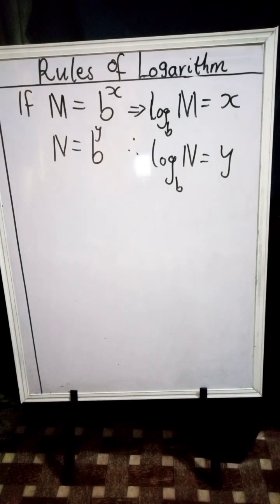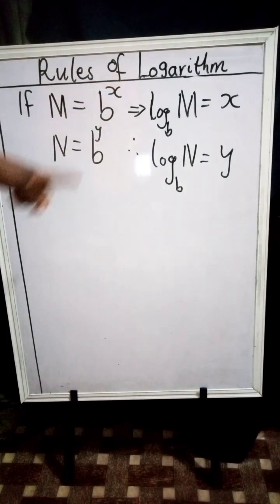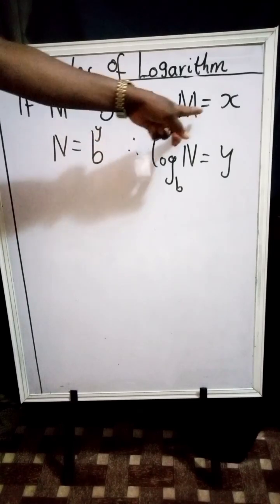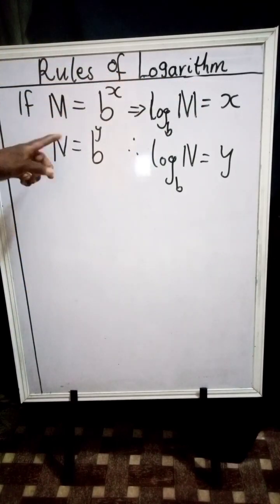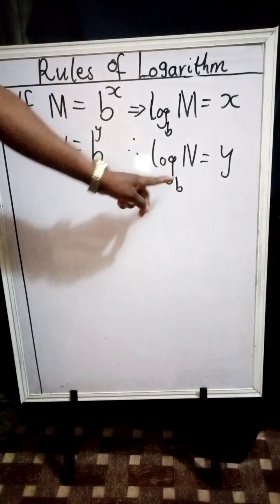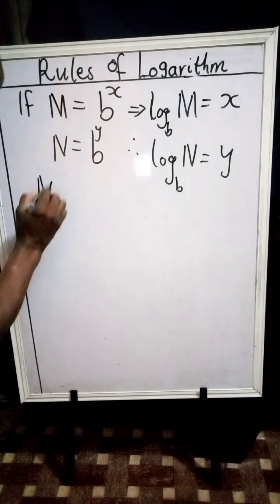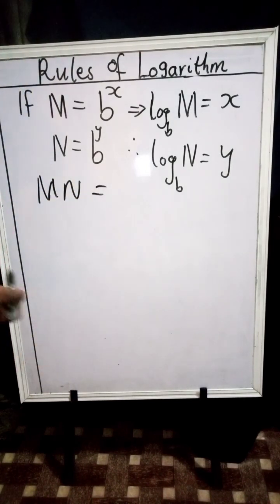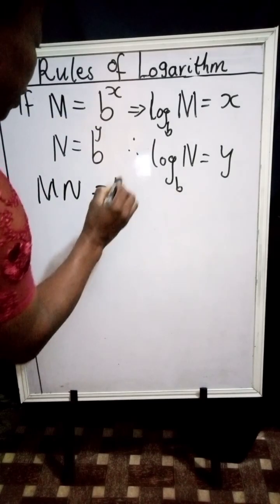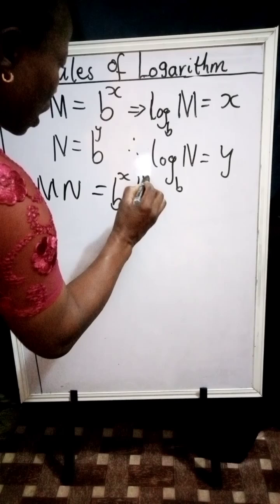Recalling what we did in the previous video, we know that if m is equal to b to power x, then log m base b is equal to x. And the same thing here: if n is equal to b to power y, log n base b is equal to y. It is such that mn will be equal to b to power x multiplied by b to power y.